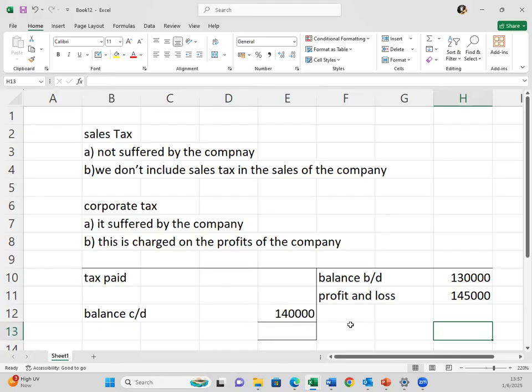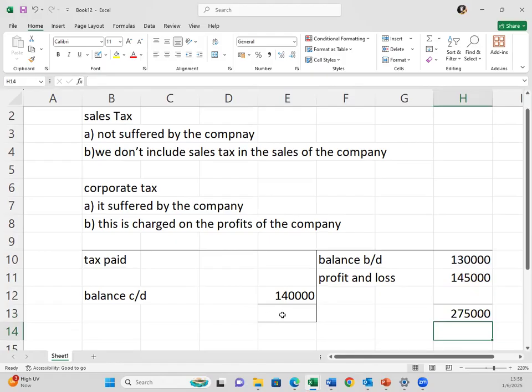So the tax paid becomes the balancing figure.